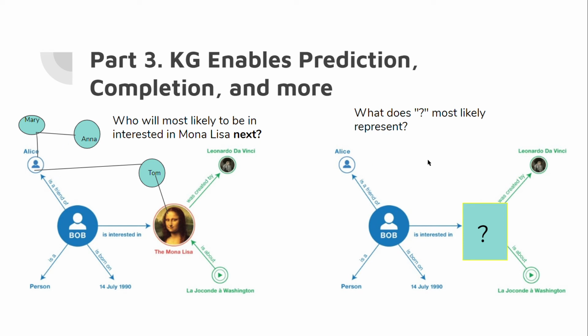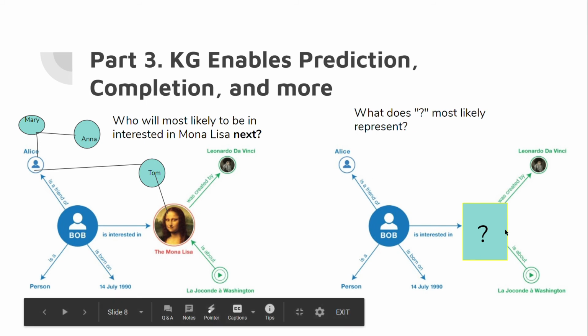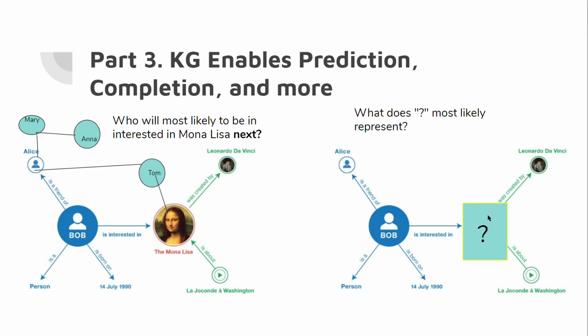And another spirit is graph completion. We have a missing part shown as a square, and we want to find out what the missing part is. What we know for the missing part is that it was created by Da Vinci, and Bob is interested in it.